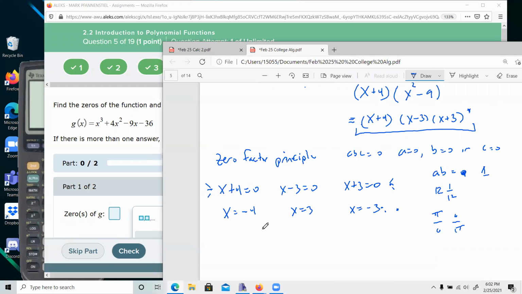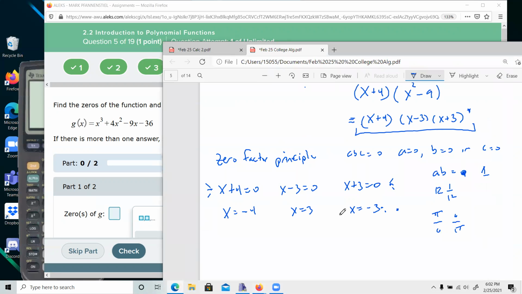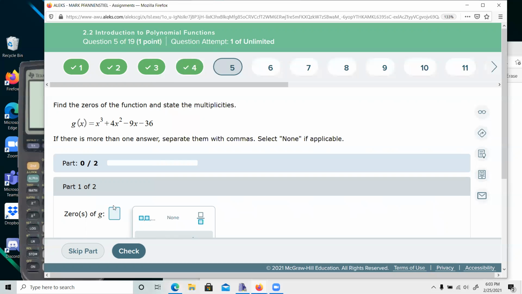And there are our zeros. That's what we have for zeros. So we're going to say the zeros of G, and they're not telling us to put them in ordered pairs. They're just saying list them. So we have negative 4, negative 3, and 3.